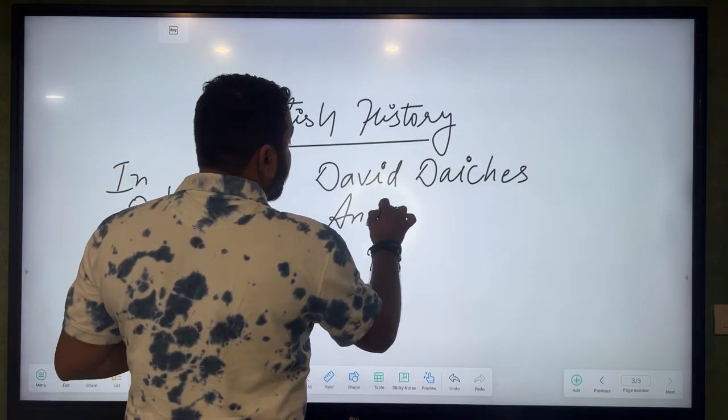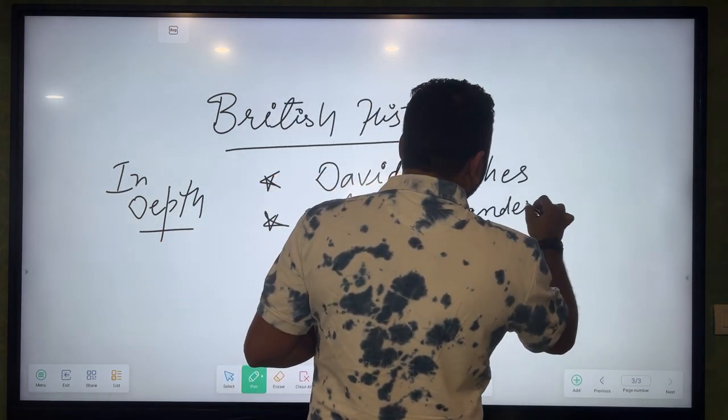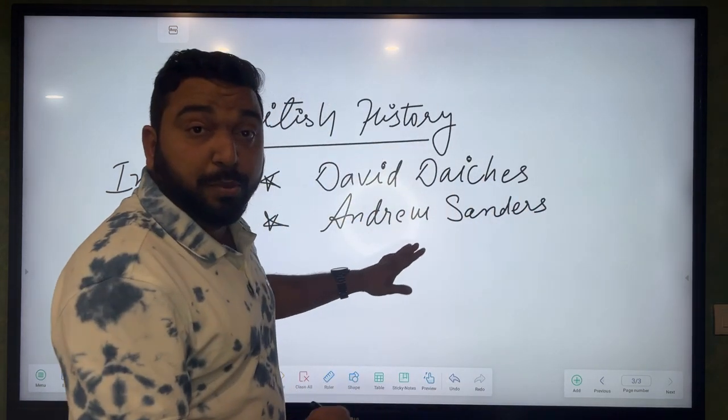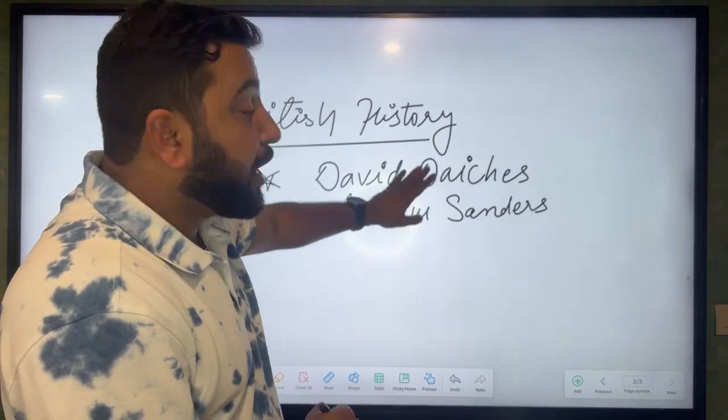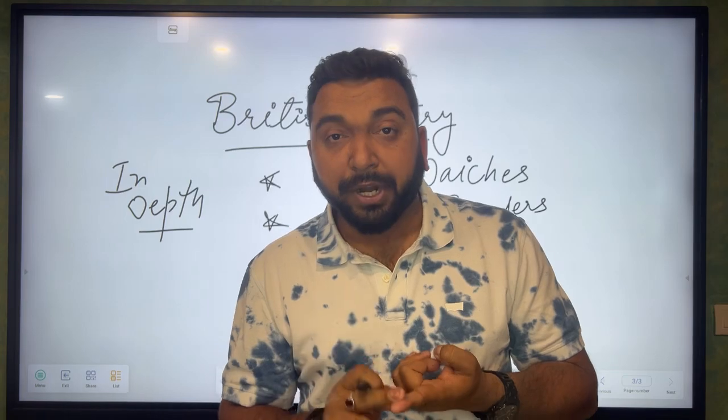Then, one of the toughest books, Andrew Sanders, History of English Literature. Normally, I do not recommend this book, but for UPSC, this is very, very important. आपको ये भी पढ़ना पड़ेगा.